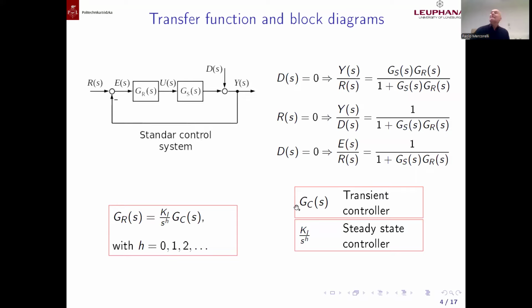Now we will see that using this GCOS, the rest part of the controller, GC is just a part, I can correct possible error, possible overshoot, which really could be dangerous.